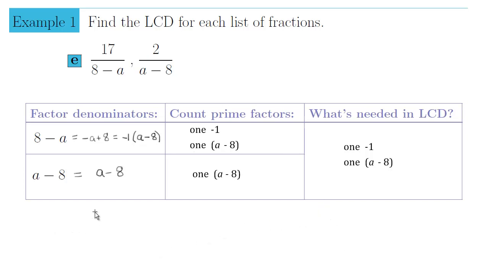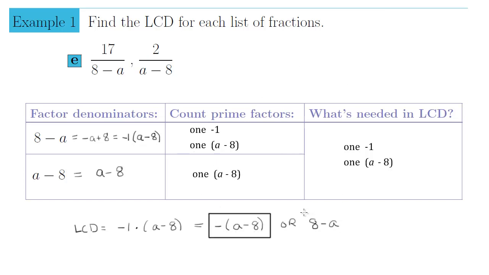That means that our LCD is simply negative 1 times a minus 8. Or if you like, negative a minus 8, which if you multiply it in, you could also see to be 8 minus a. Either answer works.